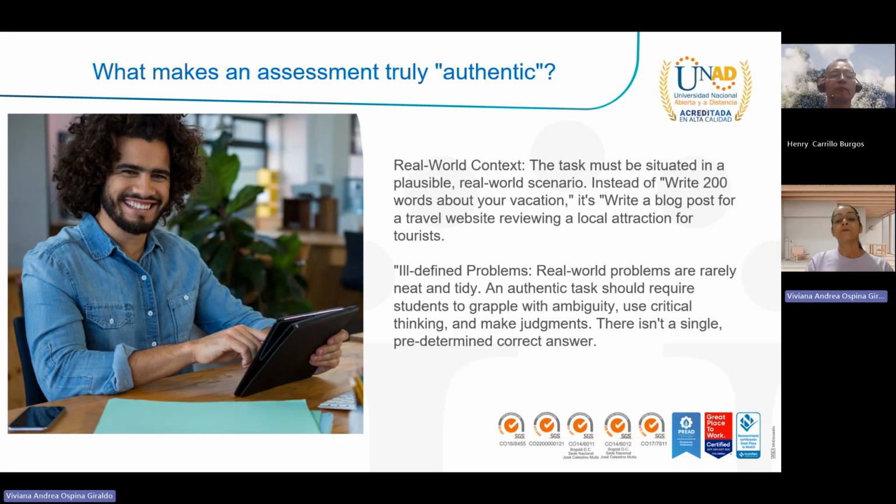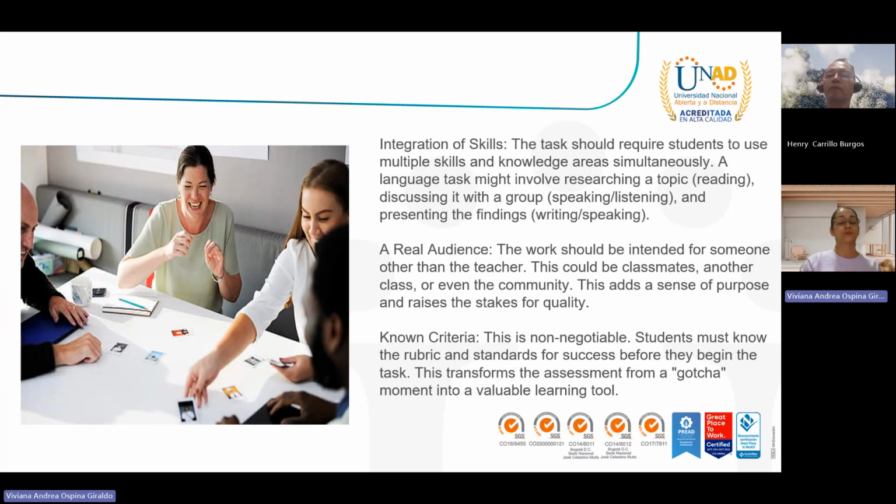We also have defined problems. We need to have real world problems that need solving, which don't all have a single answer, but could have different answers, and the student needs to use critical thinking and also judgment.